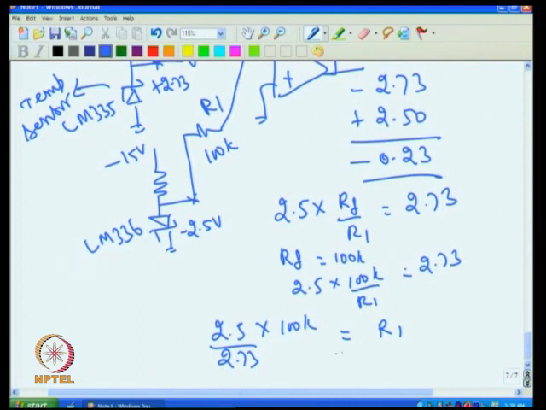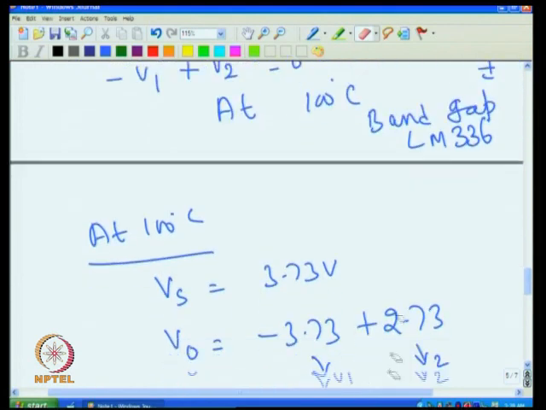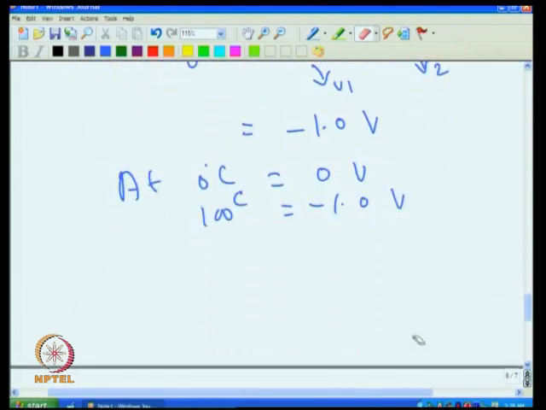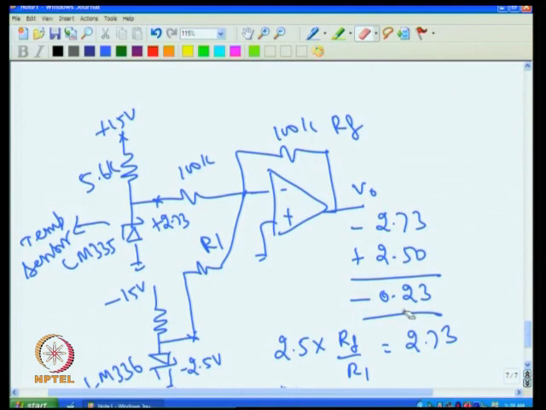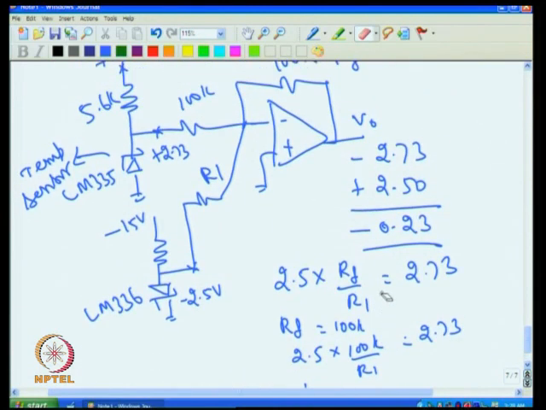Once I put this value of R1 here, not 100K, then at 0 degree C this is 2.73, and this will be 0, at that time this is fixed at minus 2.5 volt.